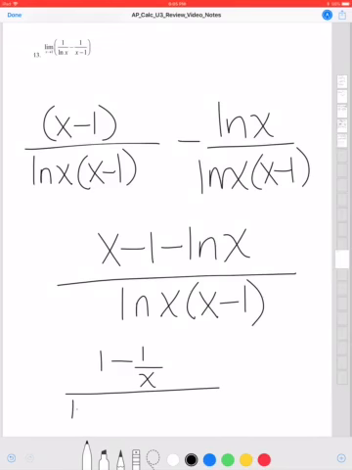The derivative of the natural log. Ooh, we gotta do product rule. Alright, here we go. First times the derivative of the second. The derivative of x minus 1, oh, it's just 1, thank God. Alright, so that's easy. First times the derivative of the second plus the second times the derivative of the first, which is 1 over x.